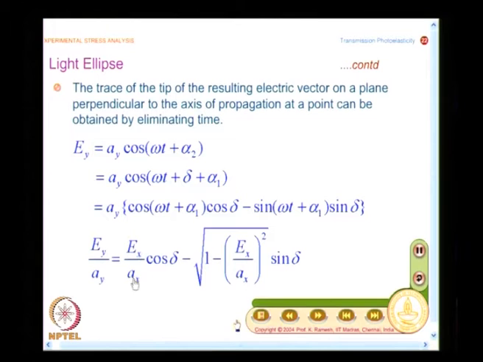So, I have this as E x by A x cos delta minus square root of 1 minus E x by A x whole square into sin delta. And what I could do is I could segregate the terms and finally write what is the expression that would give you the trace of the tip of the resulting electric vector.